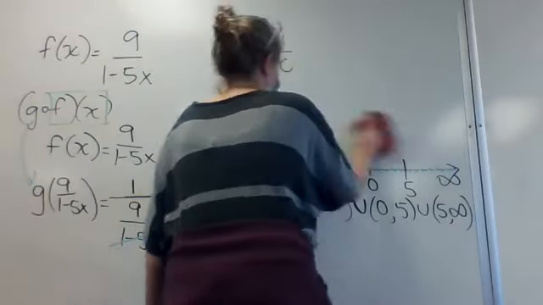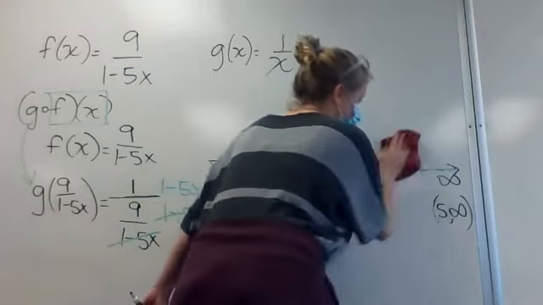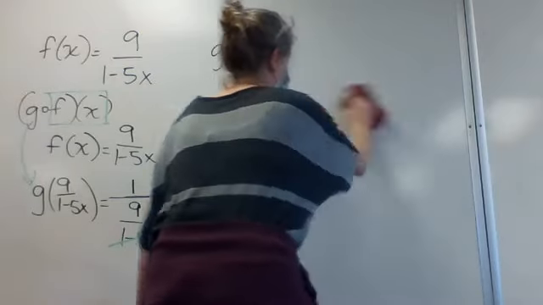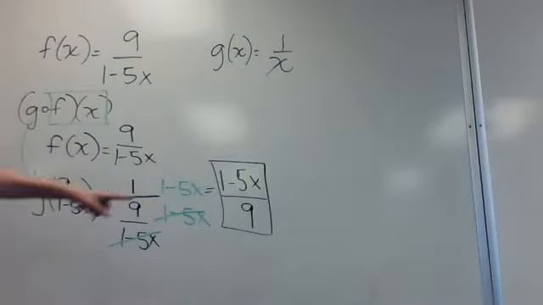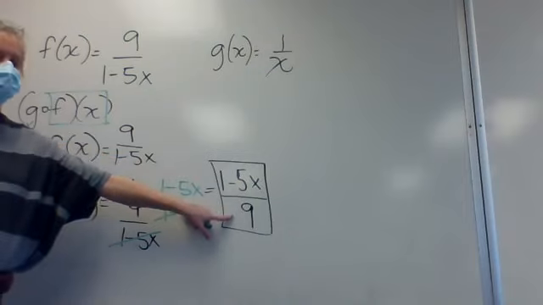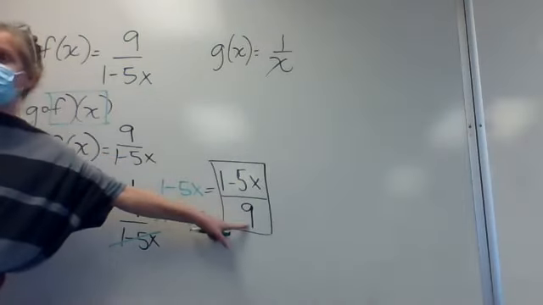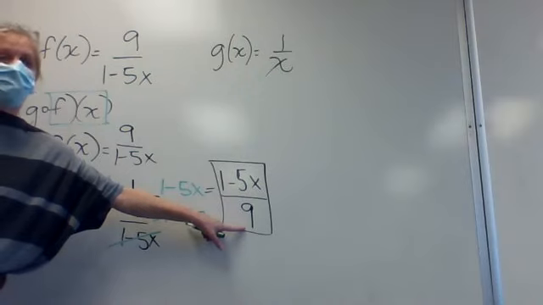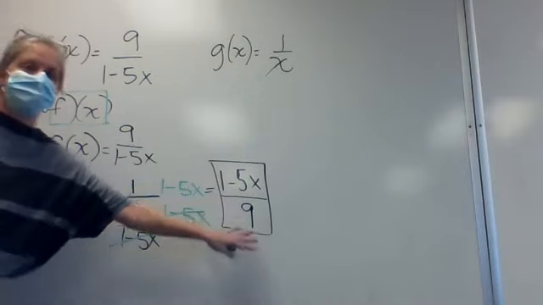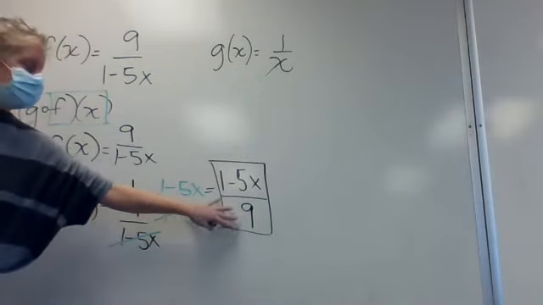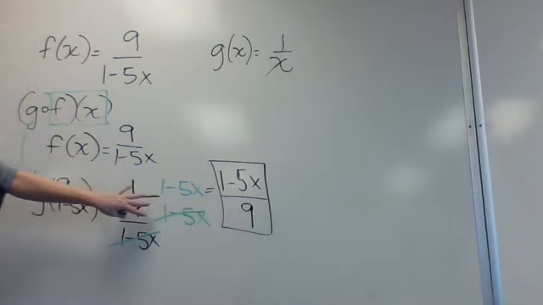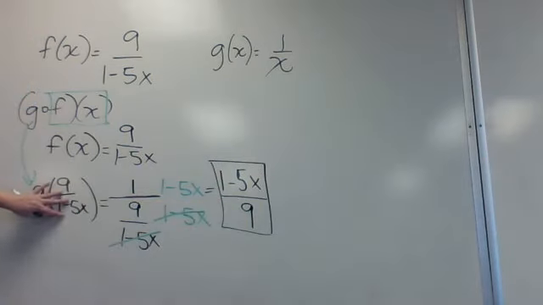So now I just need to find its domain. Here's my final answer. That's the first place I look. It's a fraction, but it doesn't have any restrictions because it doesn't have any x's in its denominator. So no restrictions there. Now remember the other place you're looking is this right here where you plugged in.